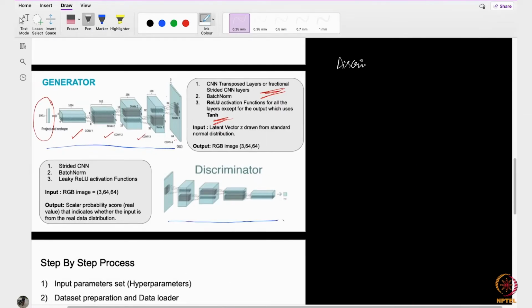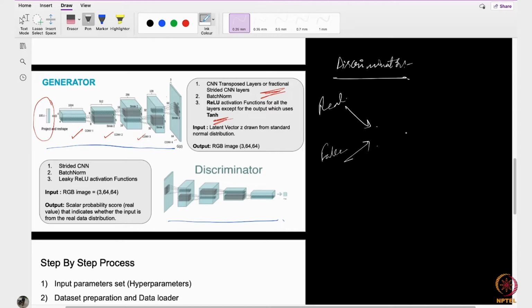Now let us speak about the discriminator. The discriminator will take inputs as either real images or fake images.